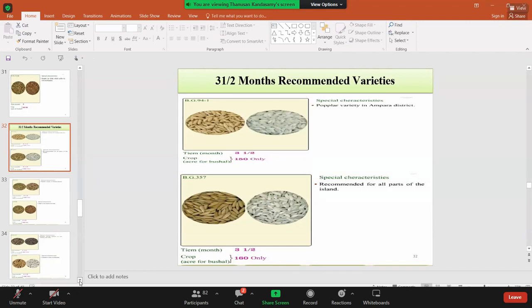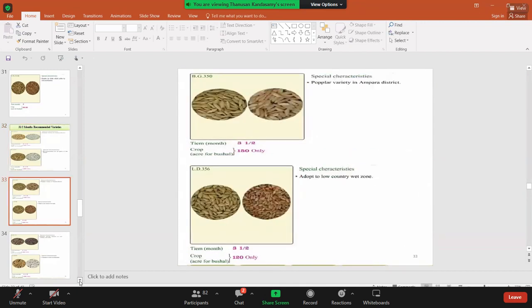They mention how many kilograms per acre. Also, how many acres they mention.